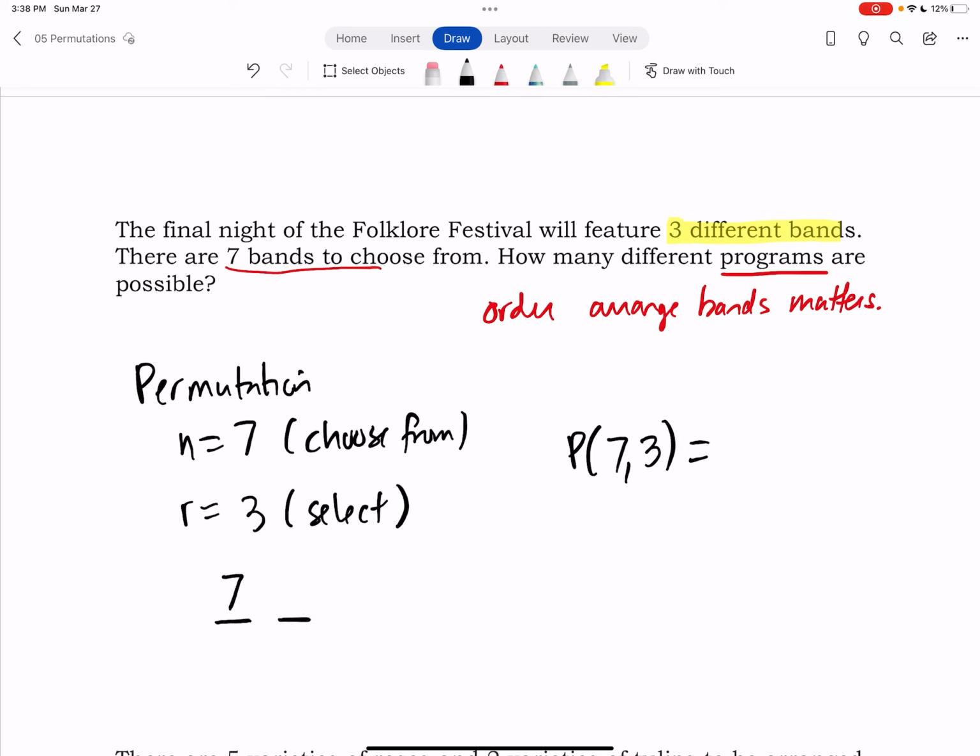You have 3 slots to fill. You have 7 choices for the first, 6 for the second, and 5 for the third. If you want to use the permutation formula, especially when the numbers get larger, it's 7 factorial over 7 minus 3, or 4 factorial.